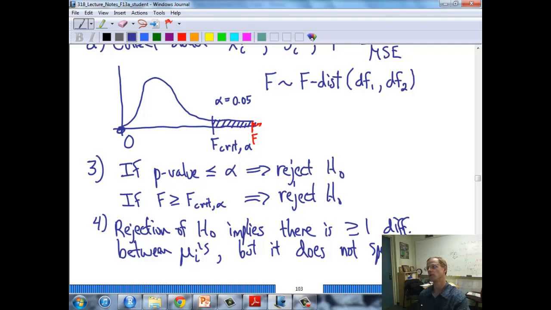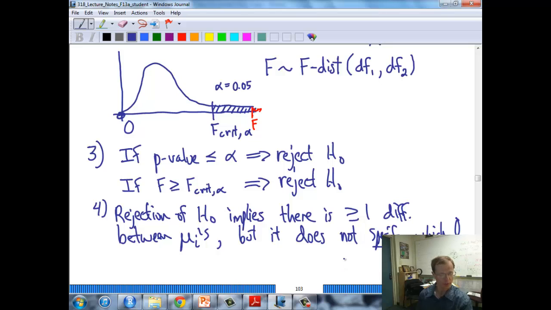Which? Okay, to get at the which, we're going to have to do a subsequent test. Okay, so that's the baseline.